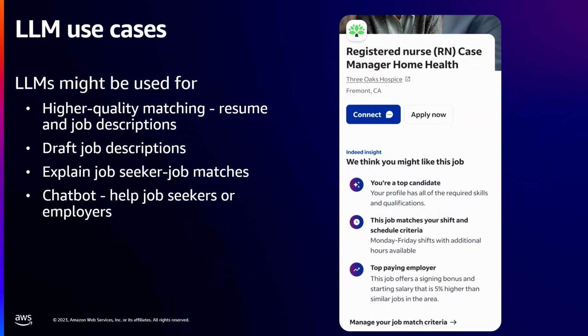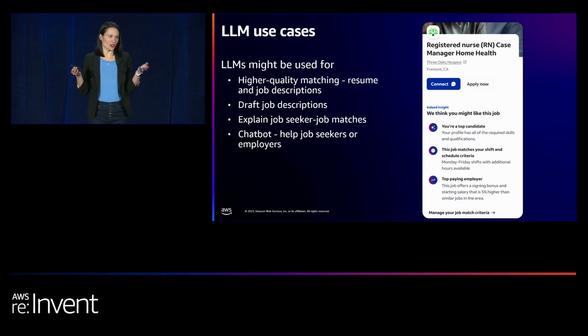So a little bit more about how we're thinking about using language models. One thing might be a standard sort of classification context, which is matching, right? We have job seekers, we have jobs. We want to match job seekers that are qualified for jobs, that are likely to get contacted by an employer.